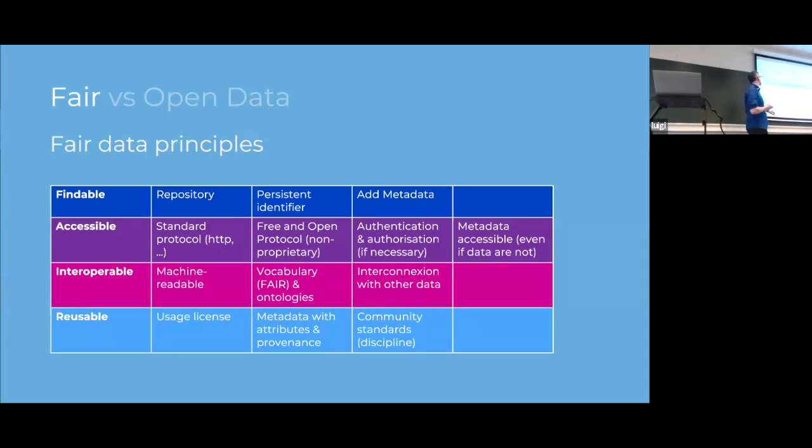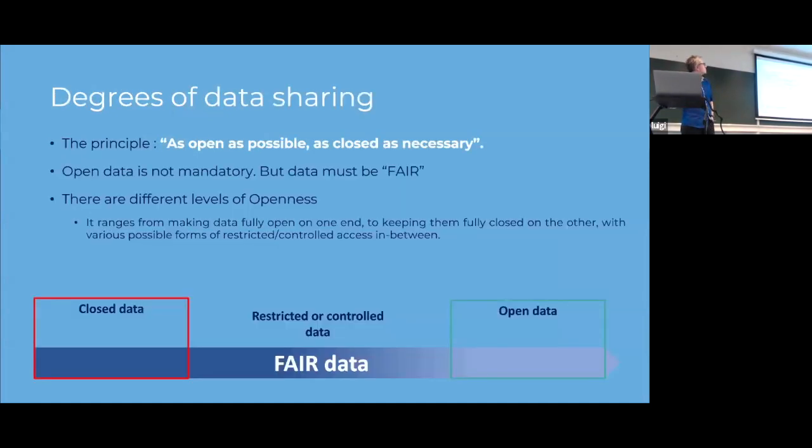And reusable: there is a license that will allow you to use the data. So the idea when you share the data is to be as open as possible, but as closed as necessary. It's not a black and white situation, so you don't have just closed data and full open data. There are different degrees of opening, and that's why we have the FAIR principle, FAIR data.